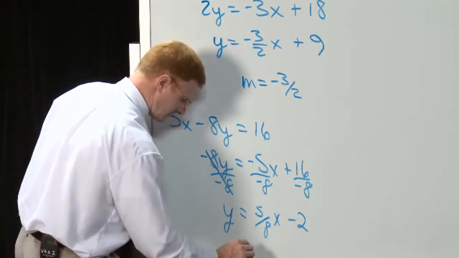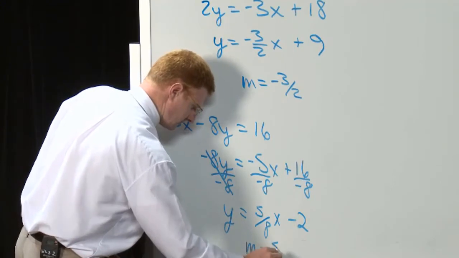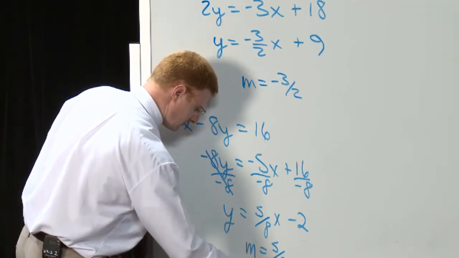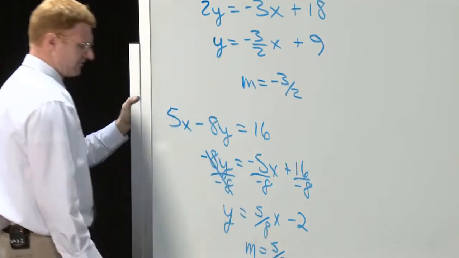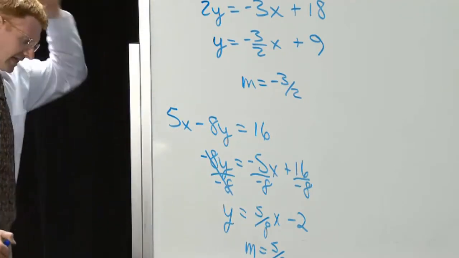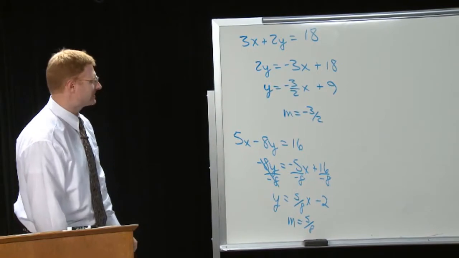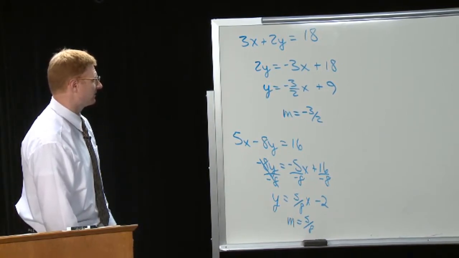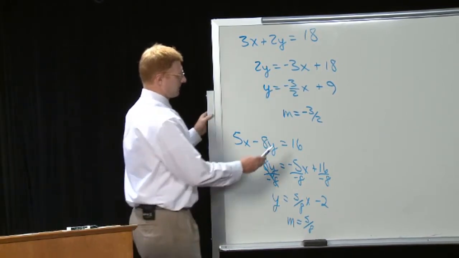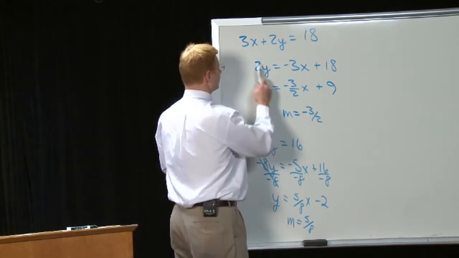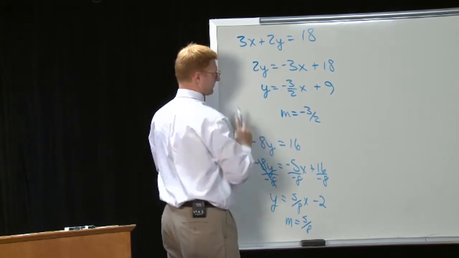What's the slope? 5/8. So you look at that and you're like, oh, there's a pattern that always happens. Always. -3/2. There's a 3 and there's a 2.